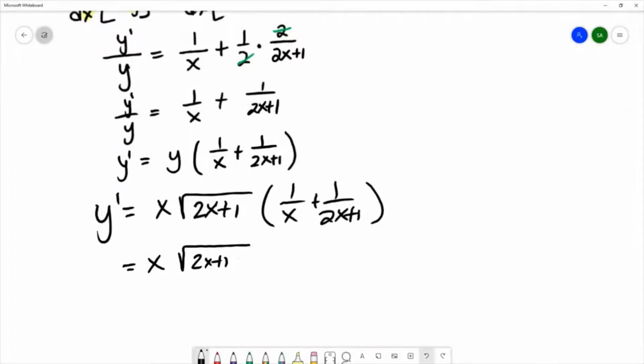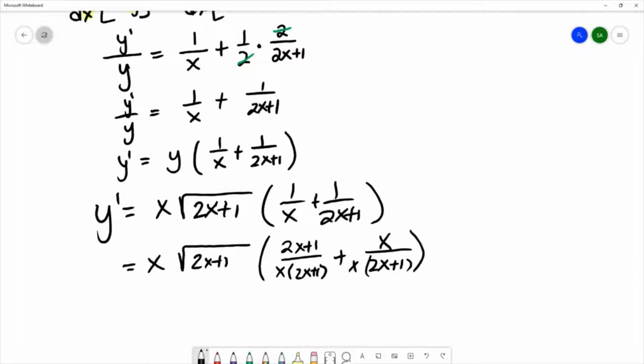You could get a common denominator over here. That would be 2x plus 1 over x times 2x plus 1 plus x over 2x plus 1 times x.